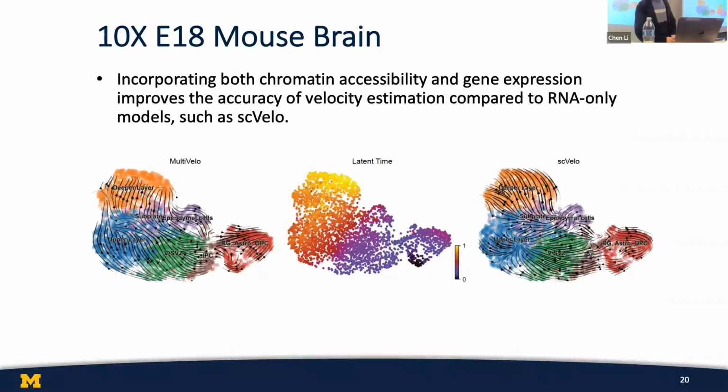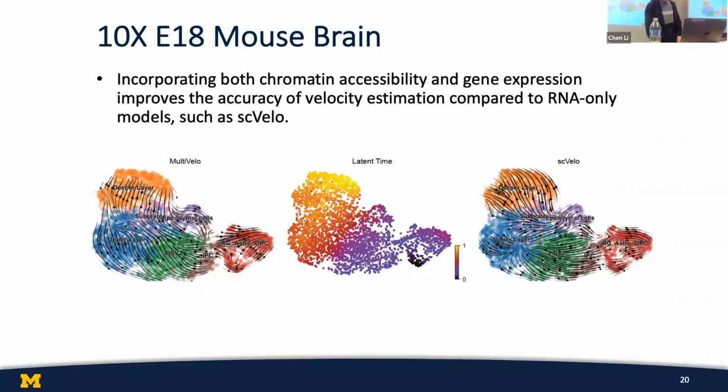We see that incorporating the chromatin accessibility and the gene expression improves the accuracy of velocity. Here, the cell types are labeled on the UMAP coordinates, and the expected direction goes from the radial glia into the astrocyte direction as well as the neuronal direction.